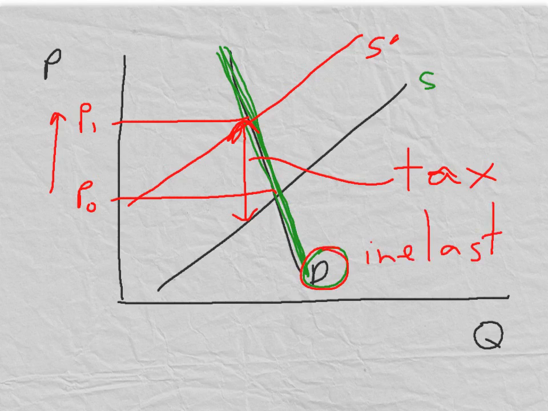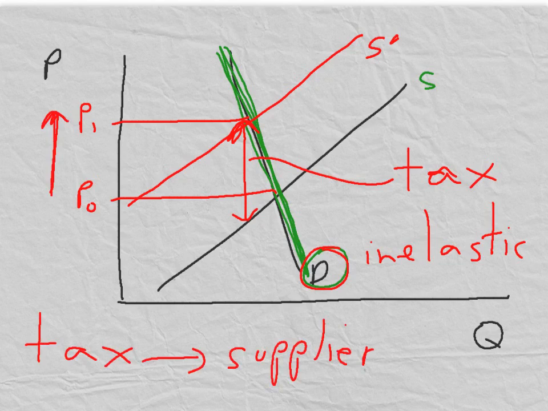This means that consumers are not very sensitive to changes in the price. So when we put a tax on a product, the supplier is able to increase the price by virtually the same amount as the tax, because the supplier knows that the customers are very price inelastic.